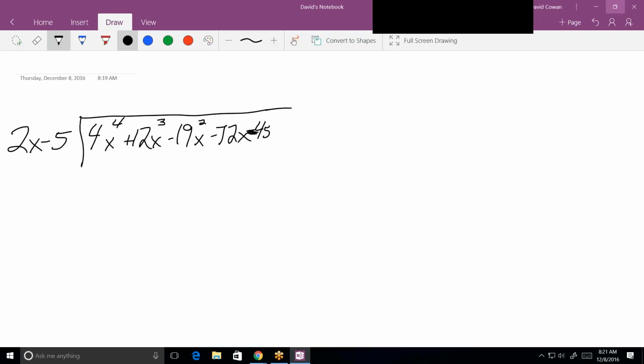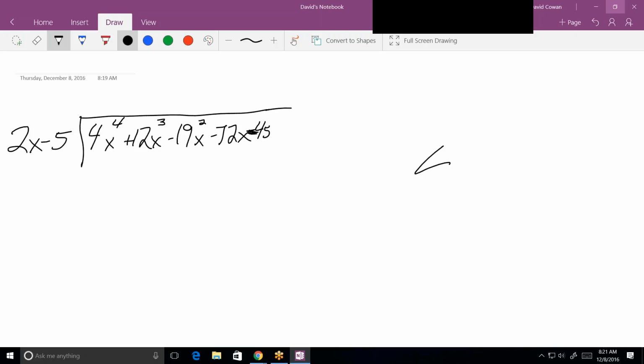Okay? What's the first step in this long division? Multiply. Long division. Got to divide. Not doing it synthetically. We got to divide the very first x term into the very first x term. That's always the first step. So what is 2x divided into 4x to the fourth?